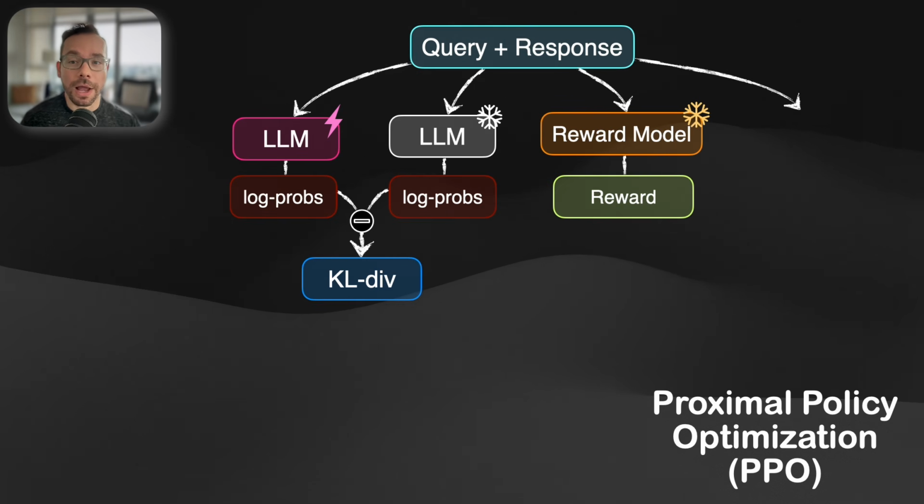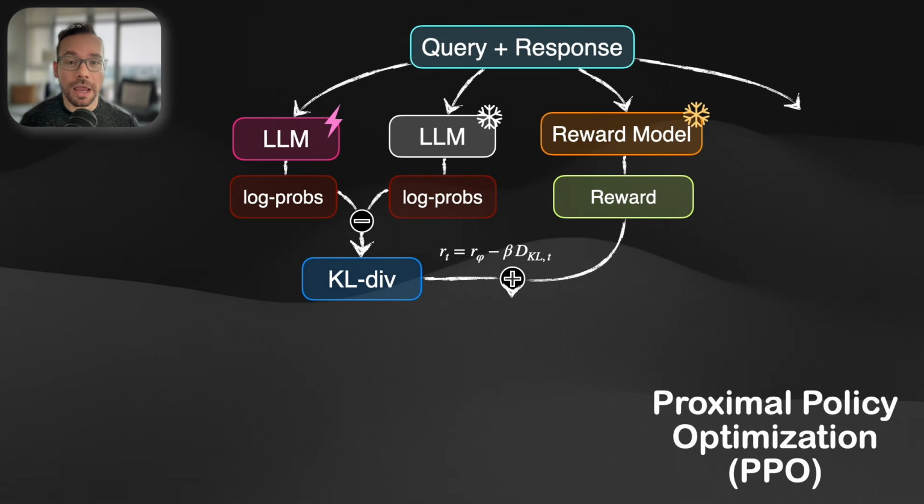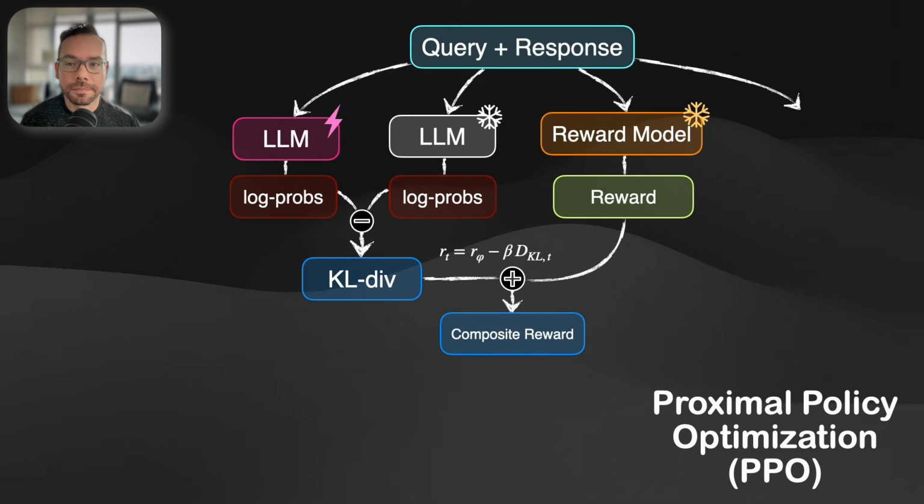We then combine these two signals. We take that raw reward and subtract the KL penalty. This gives us our composite reward. This encourages high-quality responses while penalizing unnatural drift or reward hacking.